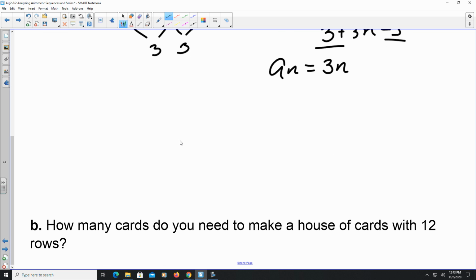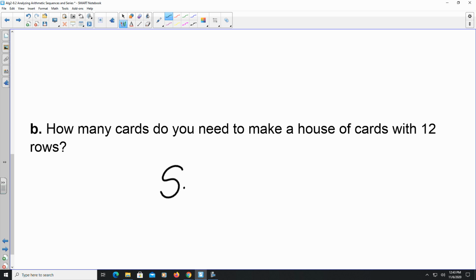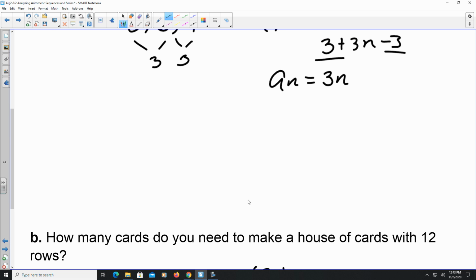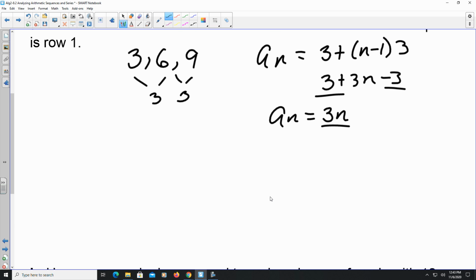The final question here says, how many cards do you need to make a house of cards with 12 rows? So this question is you're trying to add up all the cards in 12 rows. So this is a sum. You're trying to find the series of 12 rows, so this is using that formula that we just had. n is 12, times a sub 1, which is 3, plus, if you look here, 3 times 12, which is the rule.